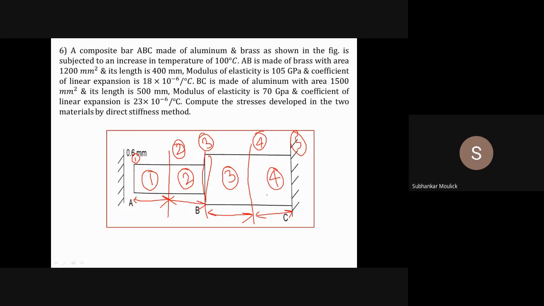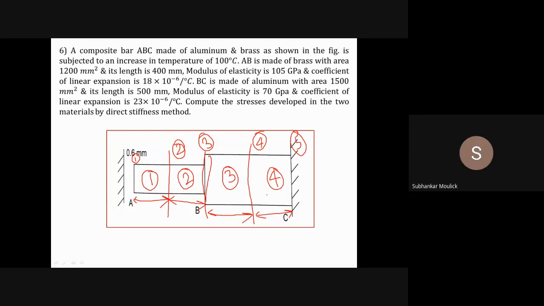So can you tell me what will be the size of the final assembled or global stiffness matrix for this problem? Can anyone tell me the size? Krishanu? 6 by 6, I think.